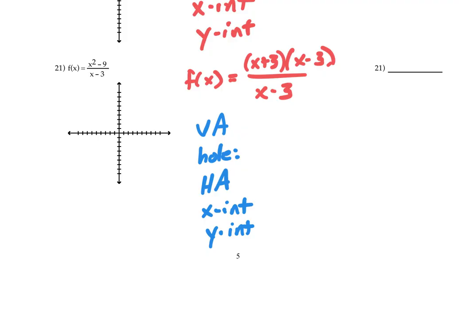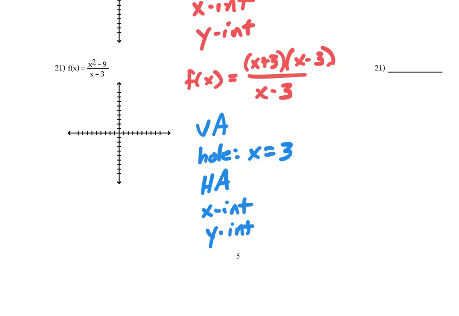So on vertical asymptotes, and this is where this one gets a little bit tricky, and this is why even though I list vertical asymptotes first, we should always look at holes first, because I noticed right away that x minus 3 is a common factor. Okay? So if there's a common factor, then I'm going to set x minus 3 equal to 0, and my hole would be at x equals 3.